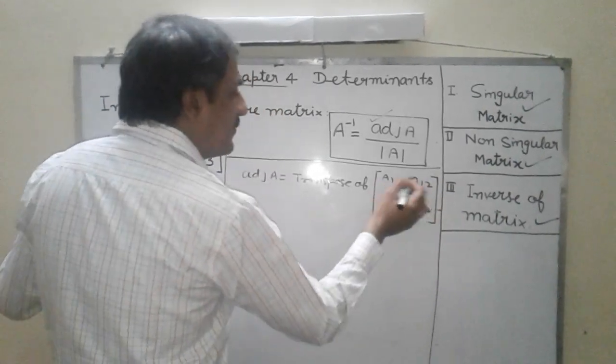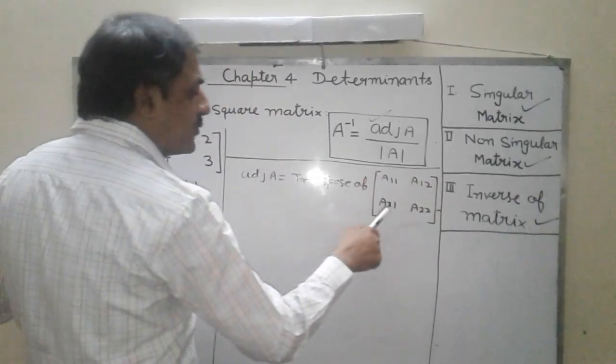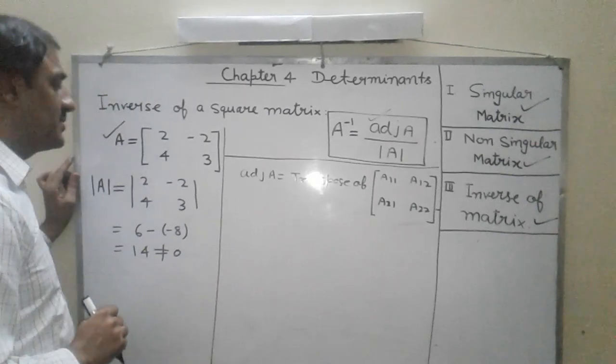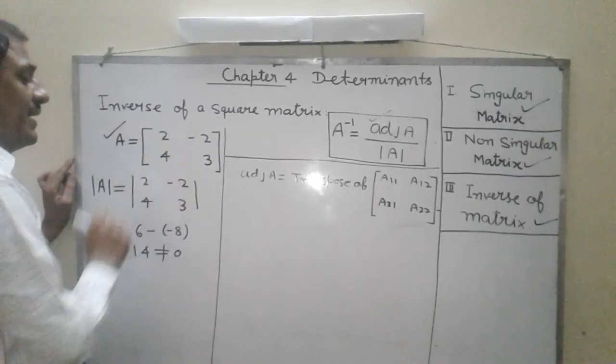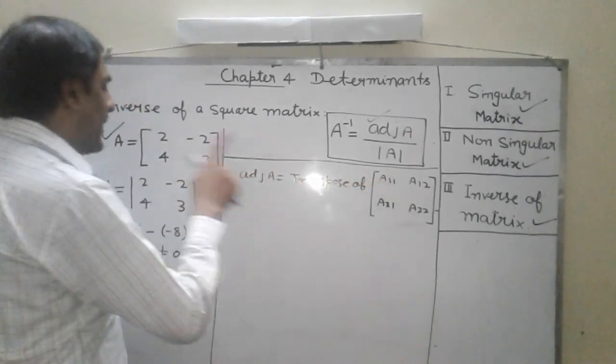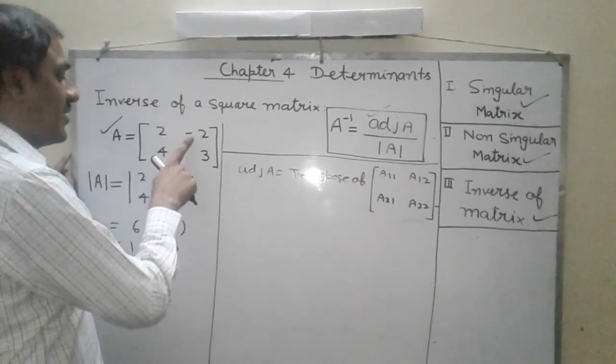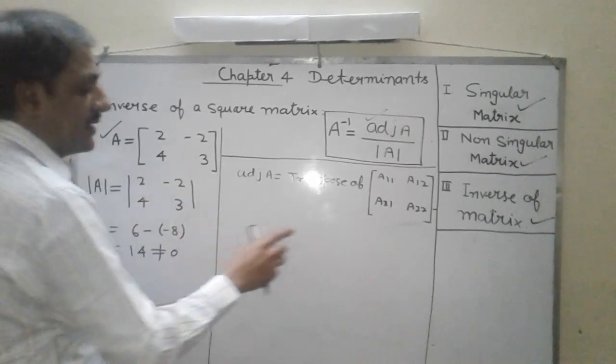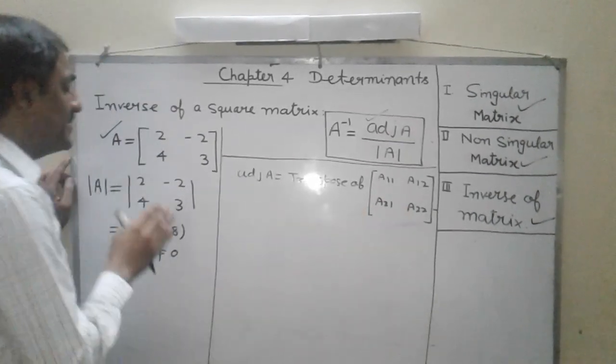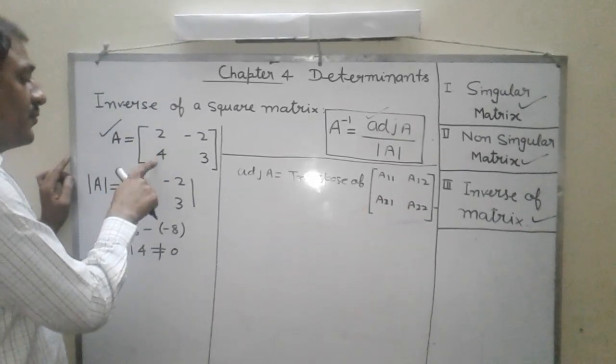Here A11, A12, A21, A22 are the cofactors of each and every element. A11 is the cofactor of this element, A12 is the cofactor of this element. Similarly, A21, A22 are the cofactors of 4 and 3.